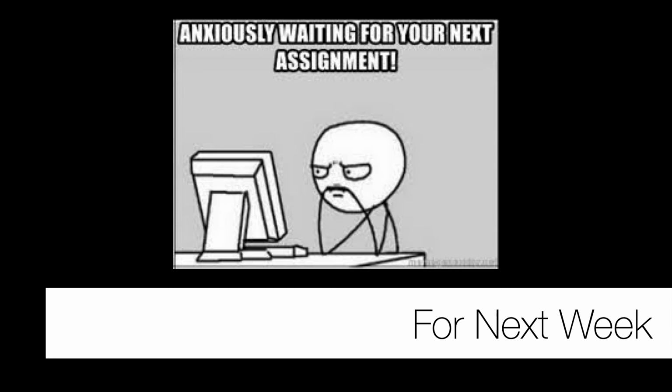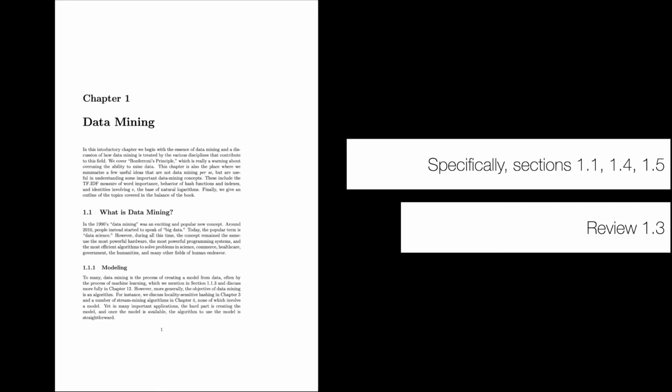All right, that's it for your introduction into the class. Some things to start working on for next week. First, there are some readings. Specifically, read sections 1.1, 1.4, and 1.5 of Chapter 1. It should be very short. 1.1 is basically an overview of data mining. 1.4 and 1.5 are some review and outlines of the book.